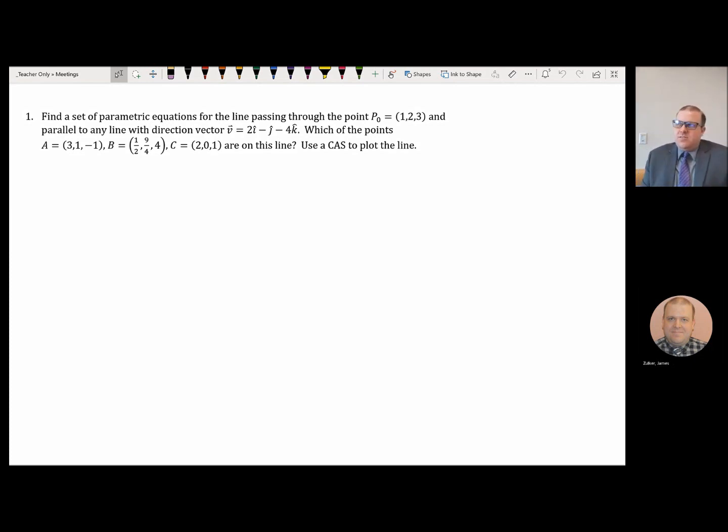Same concept. Well, we have both. We have our point. We have a direction. We know it has to be parallel to that direction vector. So that's its direction. In this case, the direction vector does not necessarily have to be unit.